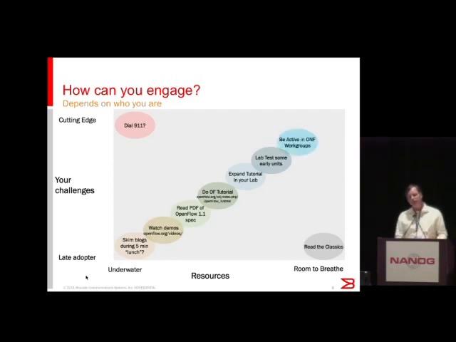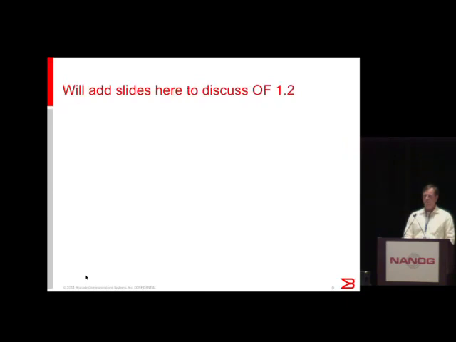Then you can become active in ONF. Of course, that's over on the right side of the resources there. That means you can write the check. It's not a huge check. Some customers are able to write that check. Beyond that, then deploy it in a pre-production or a pre-standard thing in production. And then if you're really bold, you can write your own application.